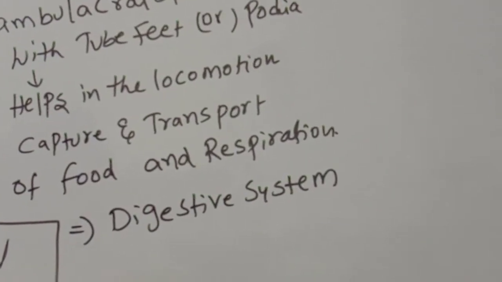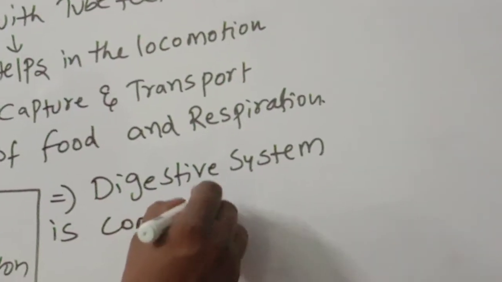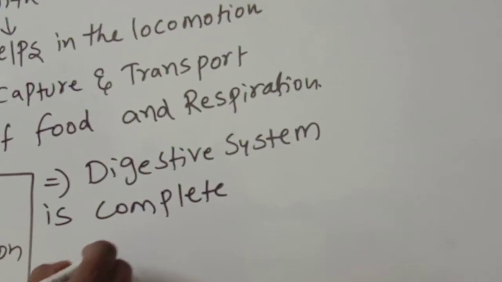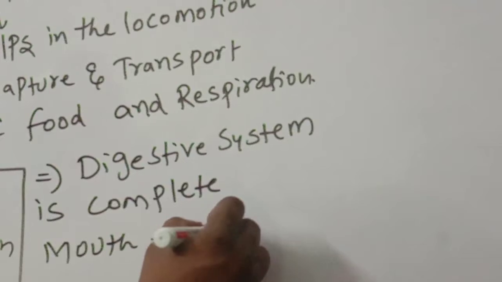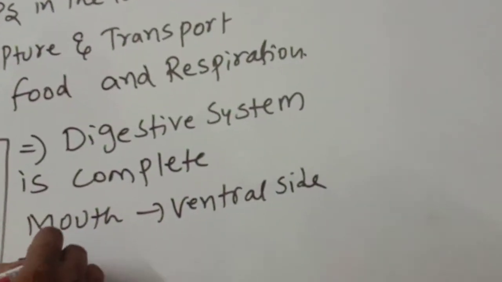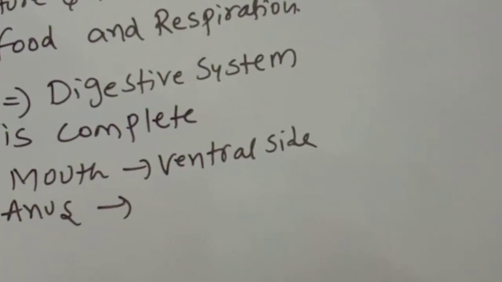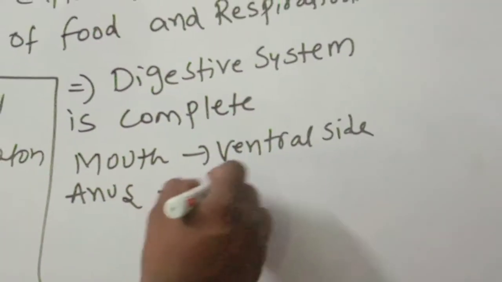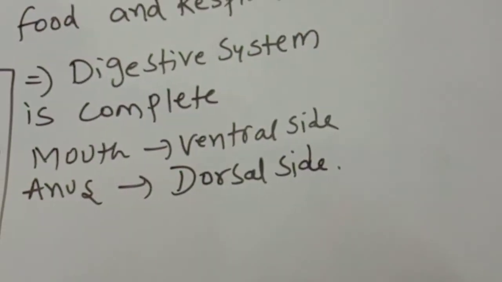You know very well, complete means mouth and anus are there. The mouth is on the ventral side, and the anus, you know very well, is present on the dorsal side.